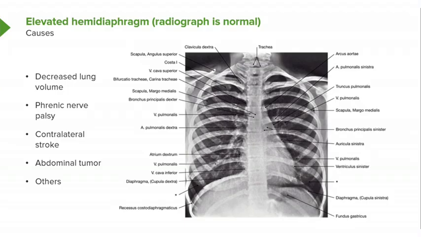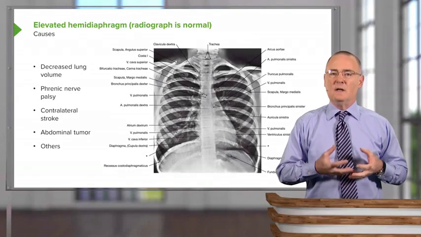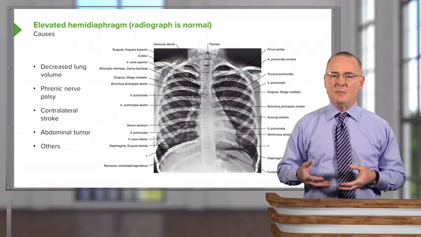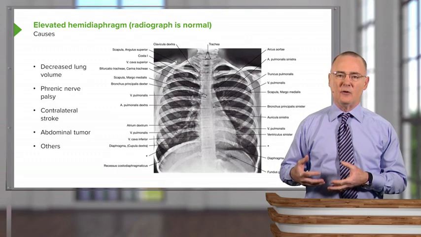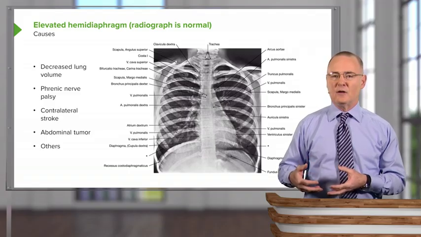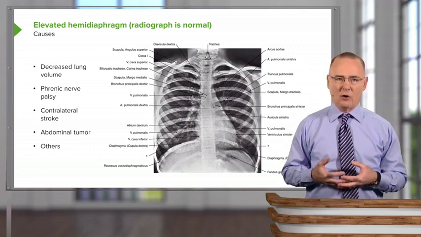Now, there can be situations that may cause either the right hemidiaphragm or the right dome to be much higher than normal. Similarly, there could be an effect just on the left side where the left hemidiaphragm or the left dome becomes situated at a much higher level.